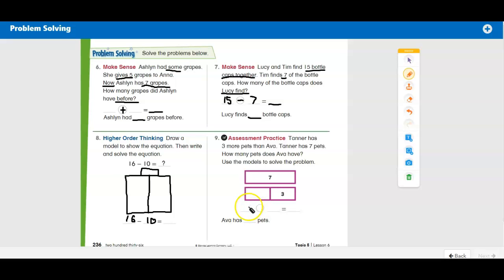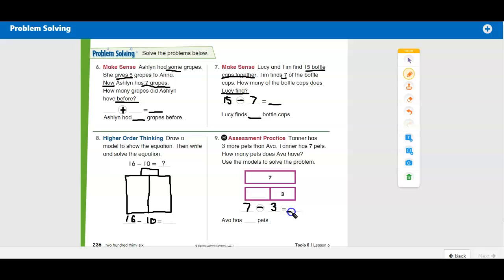Our equation is going to look a little bit different. We know that Tanner has a total of 7 pets, and we know that he has 3 more than Ava. Saying Tanner has 3 more than Ava is the same as saying Ava has 3 less.